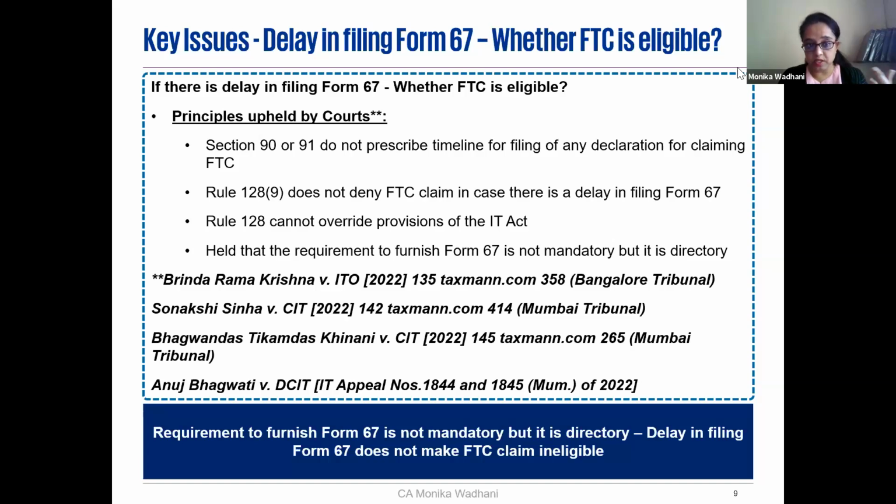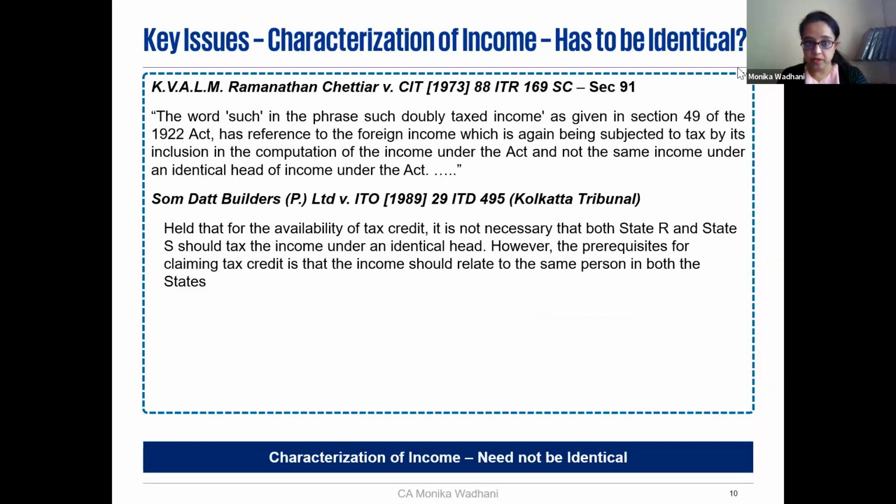Also, another argument which we just discussed is that Rule 128 cannot override the provisions of the IT Act, and there is no subsequent amendment under Section 90 or 91 with regard to the requirement that Form 67 has to be filed within the timelines mentioned in Rule 128. So we have many rulings from the Bangalore Tribunal and Mumbai Tribunal also, which are being flashed on this particular screen.